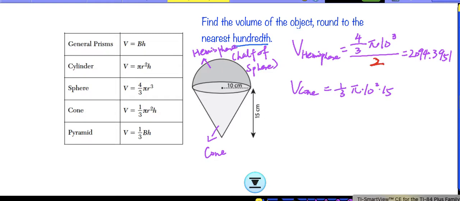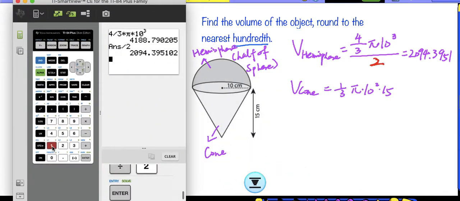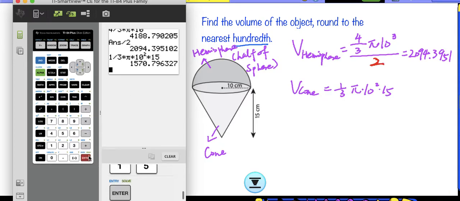Now all we need to do is put it in the calculator: 1/3 times pi times r squared, 10 squared, times 15. And I always go back to check, did you type everything correctly? And then enter. So this answer is that. If you don't want to write it, you actually don't need to, because we're going to find a final answer.